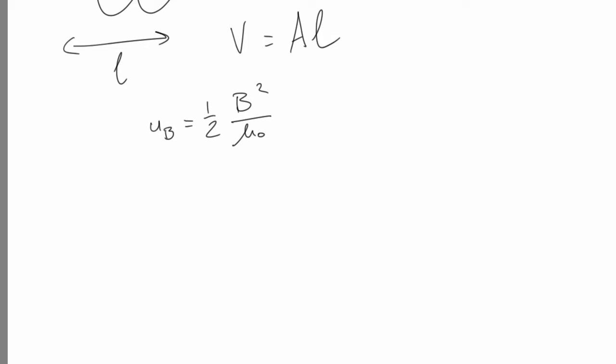So what we really want is the total energy density of an electromagnetic field anywhere in space. This would be equal to the energy density of the electric field plus the energy density of the magnetic field.